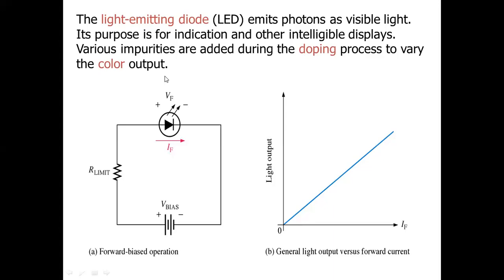In a TV, there is not just one color. If you watch TV with 2, 3, 4 colors, how do you see them? So many color requirements are there. Based on those requirements, we add various impurities during the doping process of the LEDs. So is it clear?